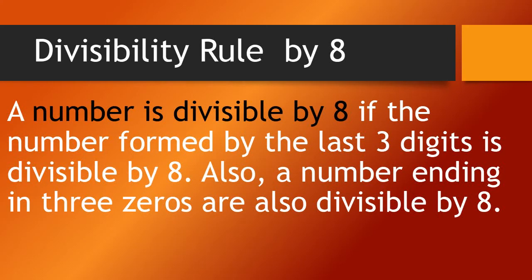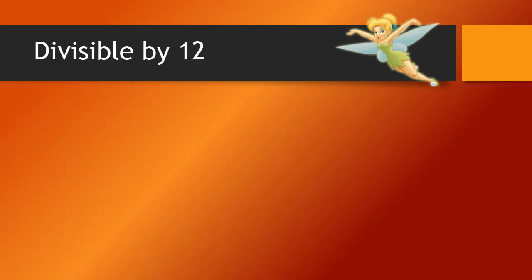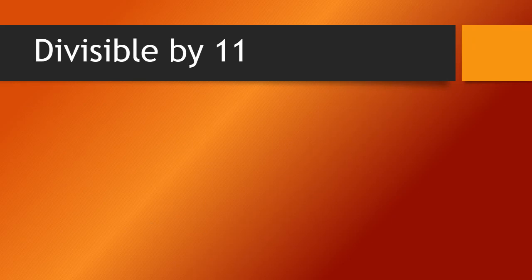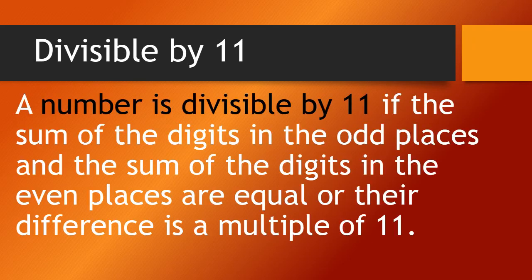Also, a number ending in 3 zeros is divisible by 8. Divisible by 12: a number is divisible by 12 if it is divisible by both 4 and 3. Divisible by 11: a number is divisible by 11 if the sum of the digits in the odd places and the sum of the digits in the even places are equal or their difference is a multiple of 11.